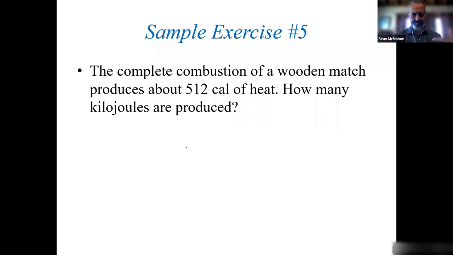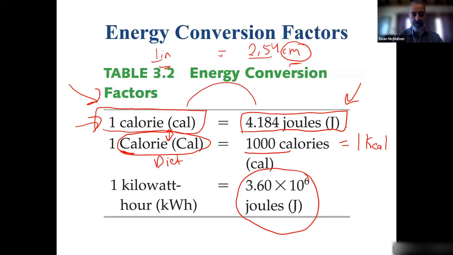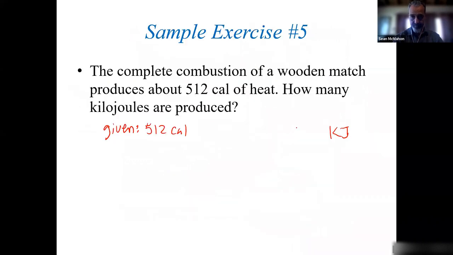So let's try to do a calculation here. Let's say I'm going to burn a match and it's releasing 512 calories of heat. So I'm given 512 calories. I want to know how many kilojoules. So in the previous slide, we saw that 1 calorie is 4.184 joules.